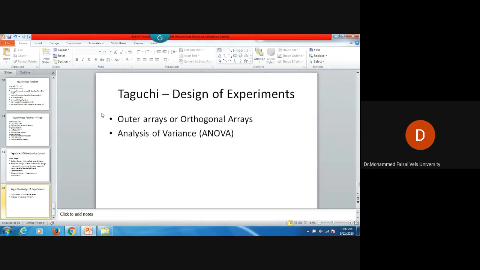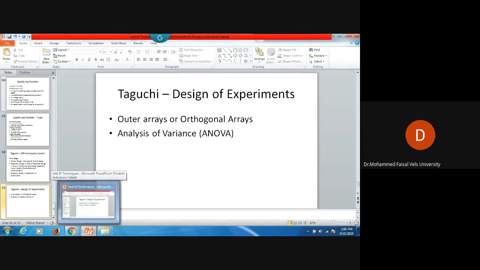Whatever you learn, I'm trying to relate to that, but I don't want to go deep on it. And this is another important concept which Taguchi came up with.